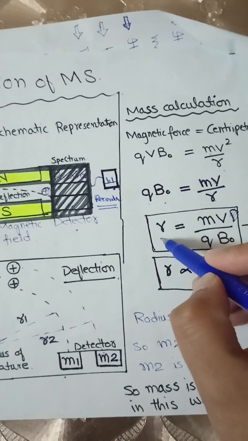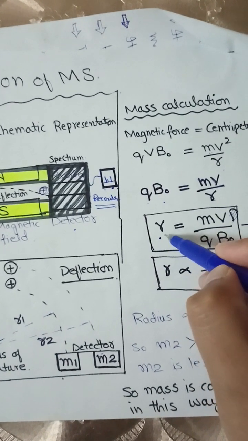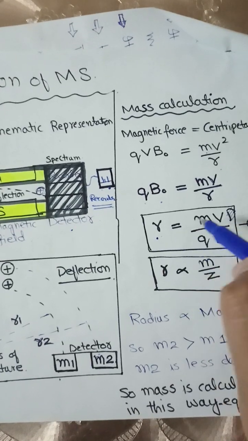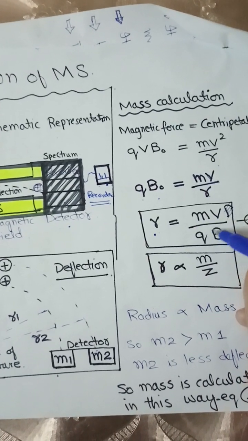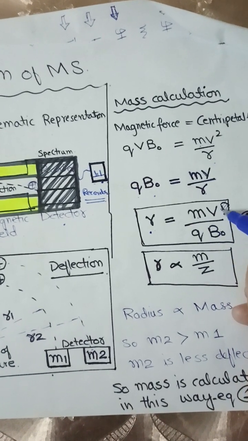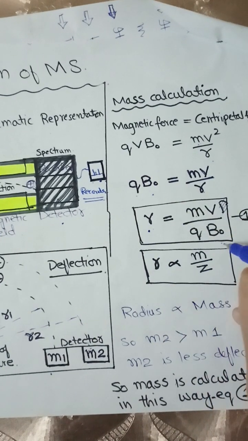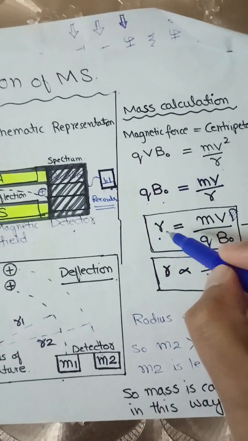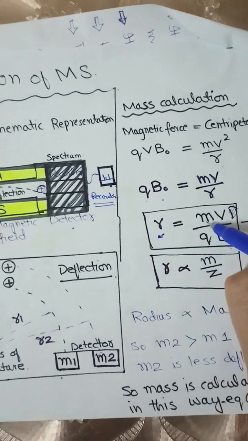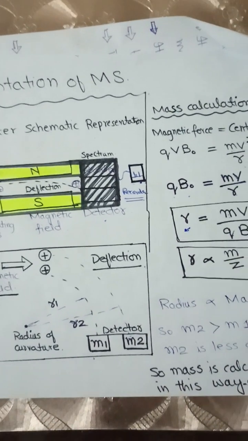By observing the radius of curvature, that is r, we get the mass to charge ratio, m over q equal to Br over v. So this is the equation from where, if we have the radius, we can calculate the mass to charge ratio.